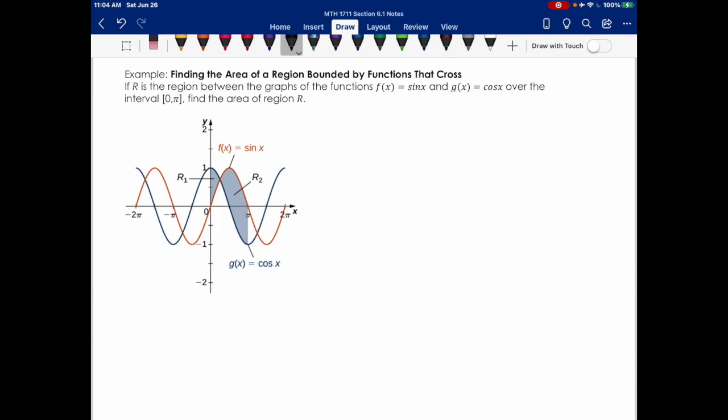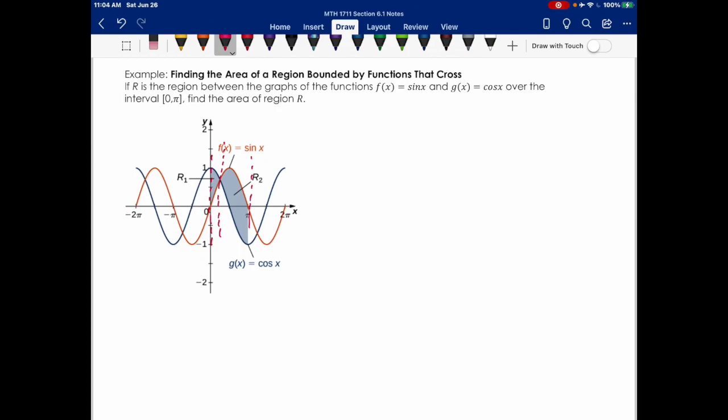Okay, now we're going to actually apply that idea to an example. We are going to look at the graphs of the function f of x is equal to sine x and g of x is equal to cosine x over the interval from 0 to pi. Now, that gives us the shaded blue area in the picture, but notice that I separated the intervals with my dashed lines.